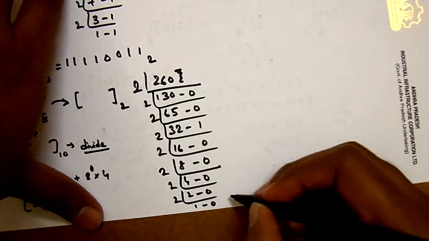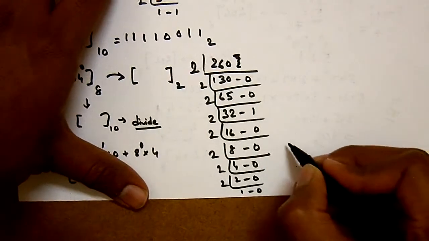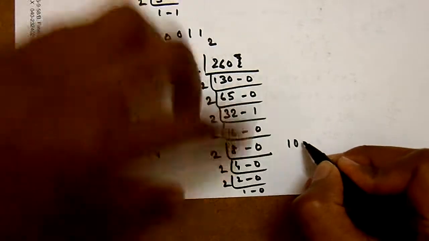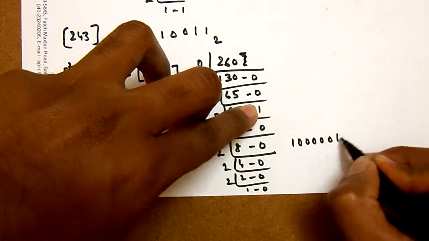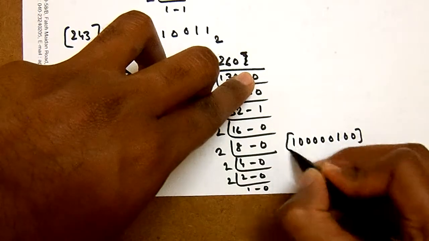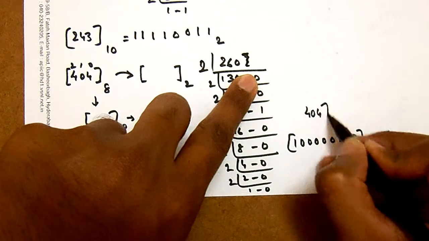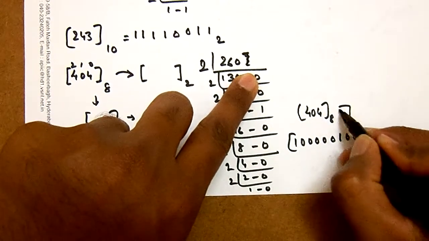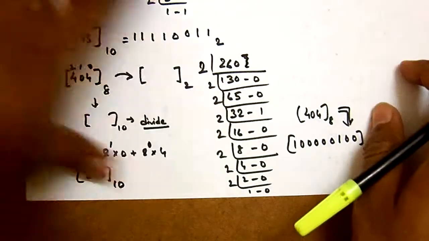So the equivalent number is like this: 1 0 0 0 0 0 1 0 0 to the base 2. So 404 to the base 8 is equivalent to this number in binary.